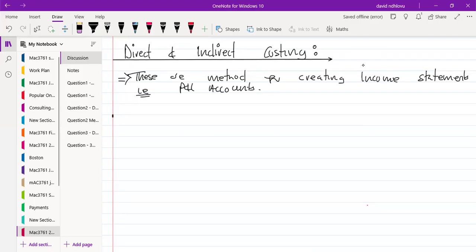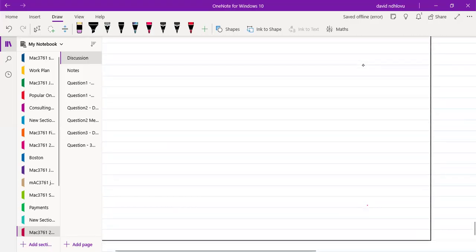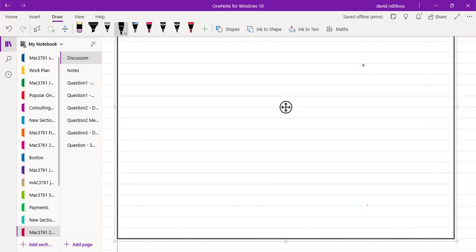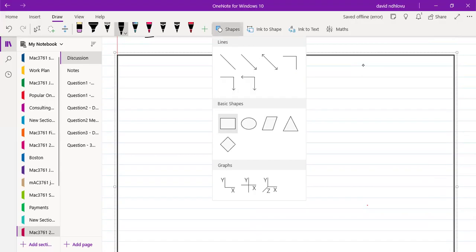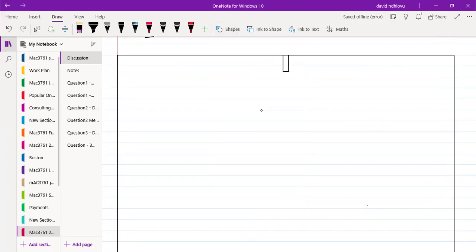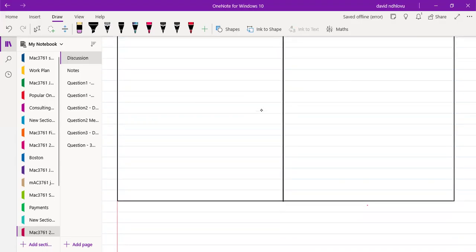I want to contrast and compare the two here for you. On one hand, I will have the direct method. On the other, I will have the indirect method.